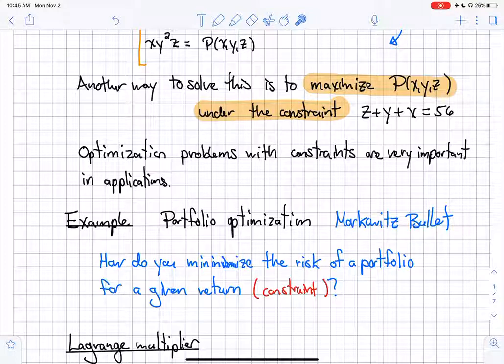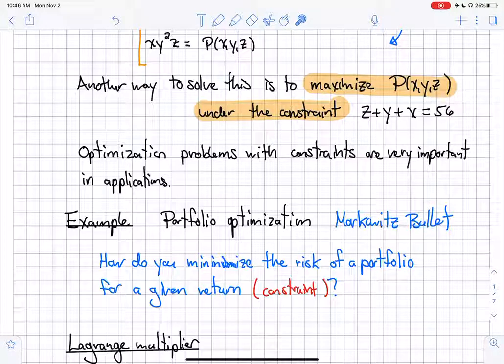Well, you have different stocks and you decide to allocate your money in different stocks. So the question is, how would you allocate the money you have in the different stocks to minimize the risk of that portfolio and get a given return? So that's one important problem in portfolio optimization.